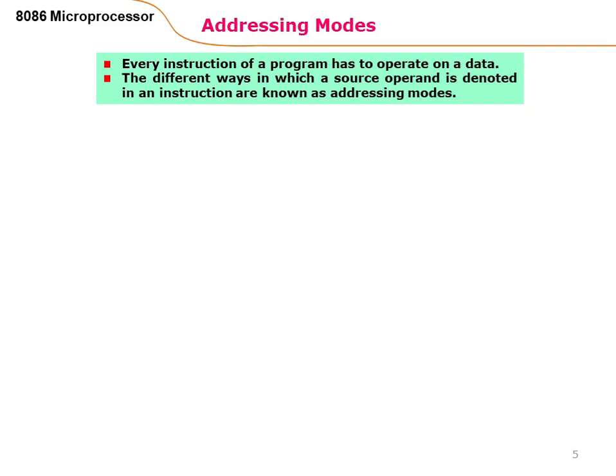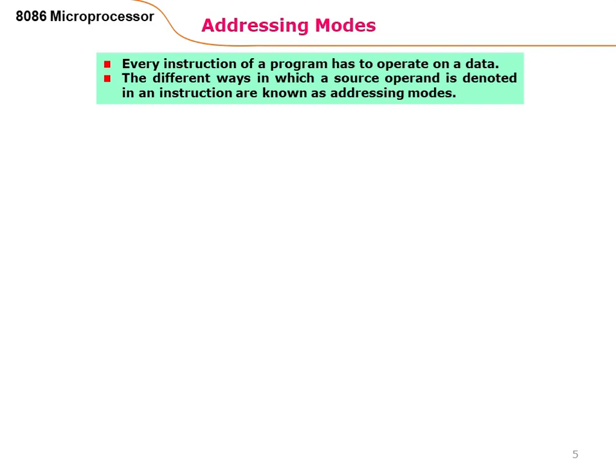In the previous part we have seen that a program is nothing but a set of instructions, and each instruction contains an operand. So every instruction of a program requires data to operate on for its execution. This data or operand is stored in a particular location of the memory of your processor.